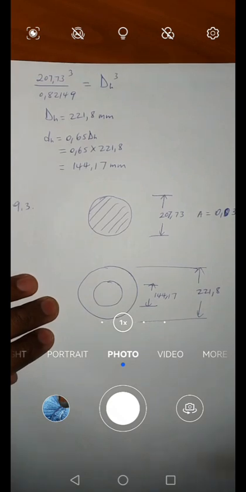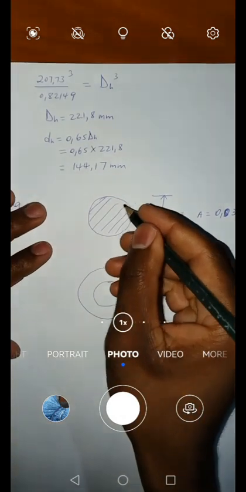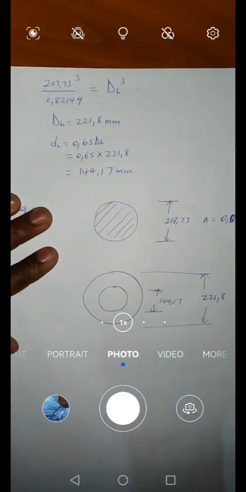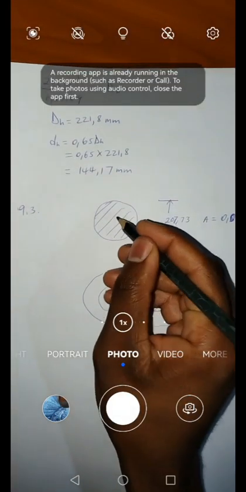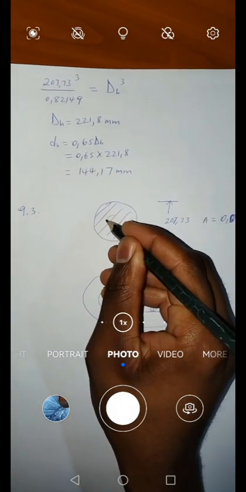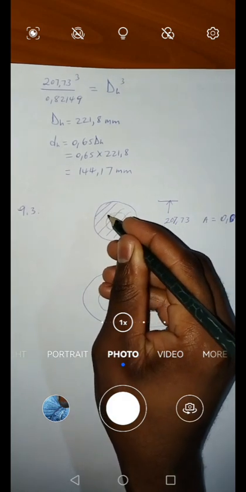So what I can do to explain this better is, to have an effective shaft with less material, we will take this amount of material here, get that 144.